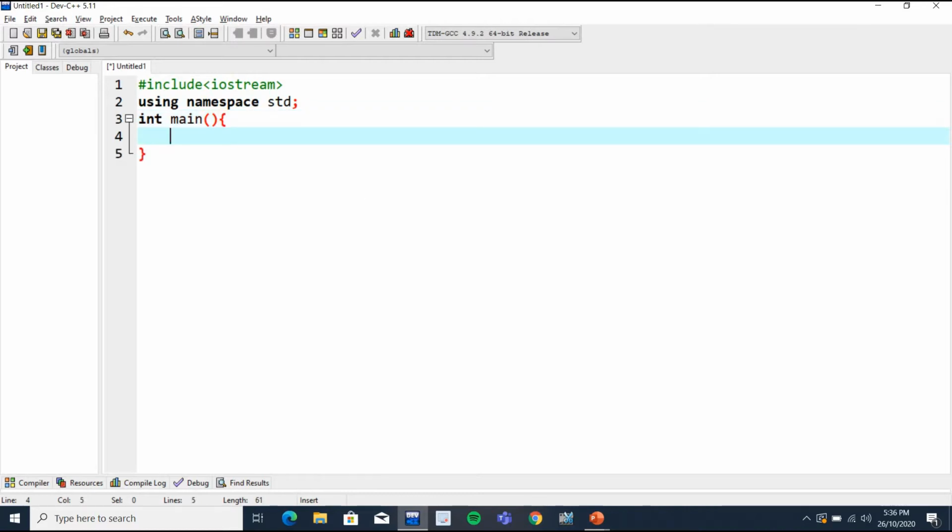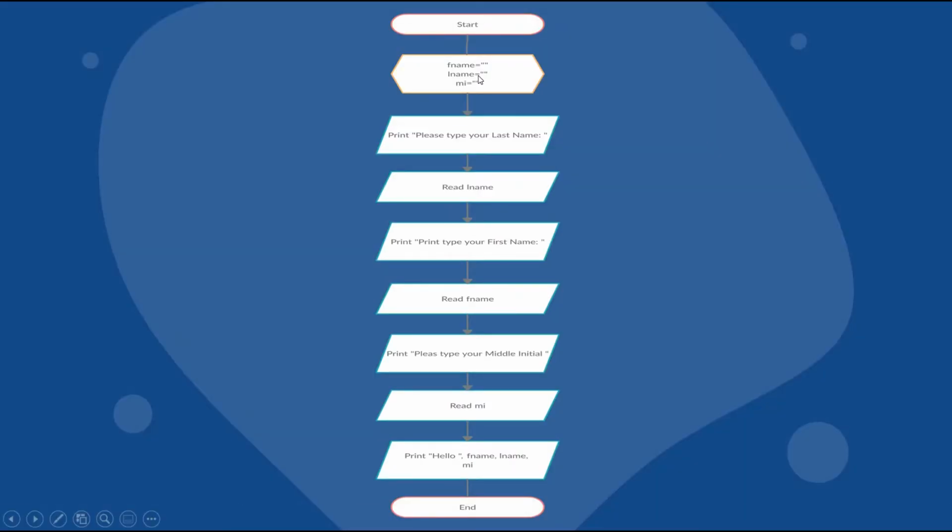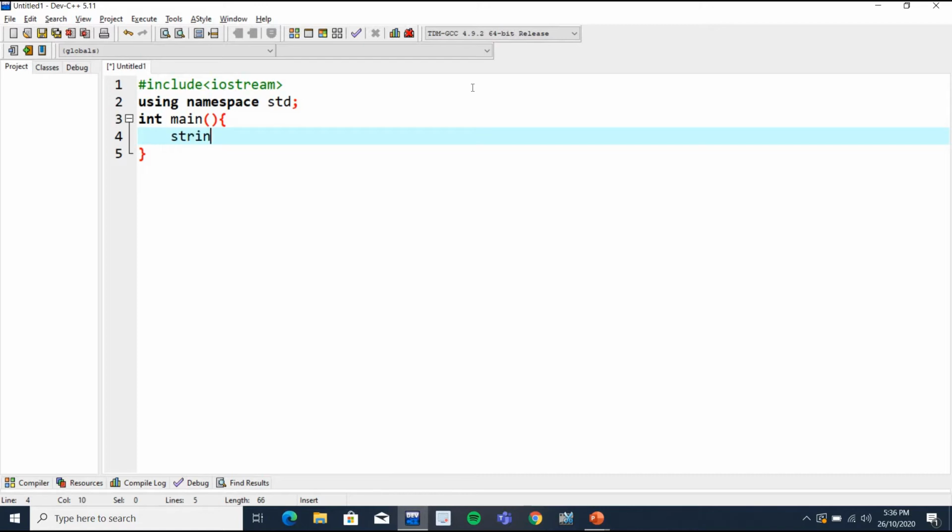Braces, and then we will set the data type for F name, L name, and middle initial. So we will use string for this program. String F name, L name, and middle initial.